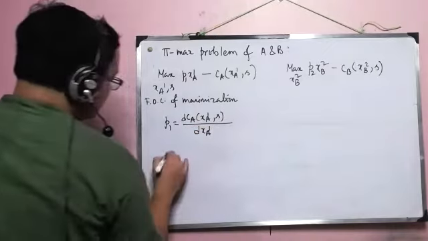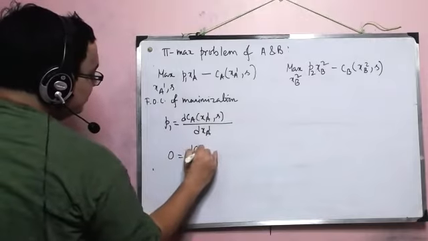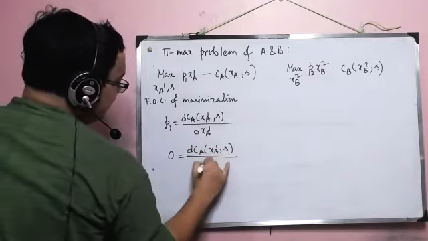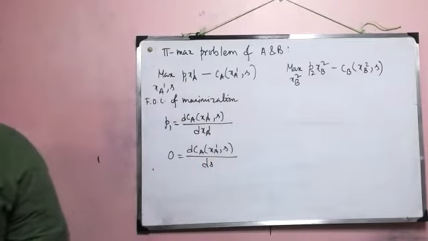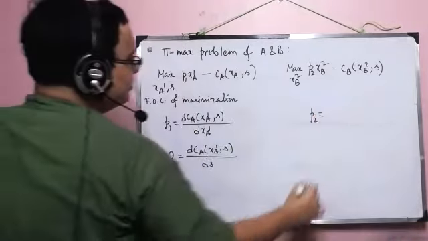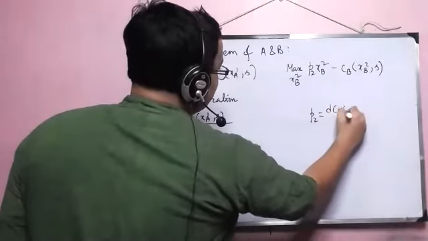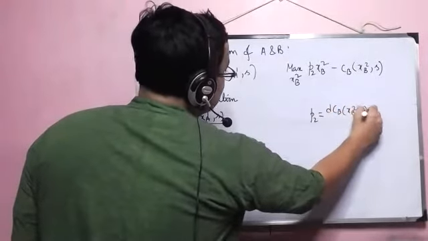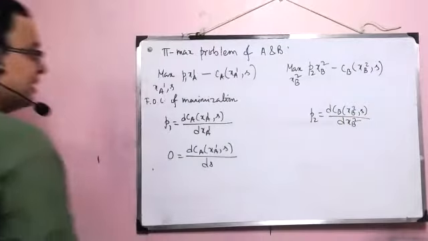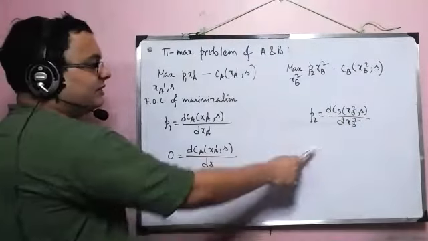And then there is a second one, which is 0 equal to dCA(XA1, S)/dS. Now for B, that becomes P2 equal to dCB(XB2, S)/dXB2. So yes, as we are saying, there is no component of dS here.